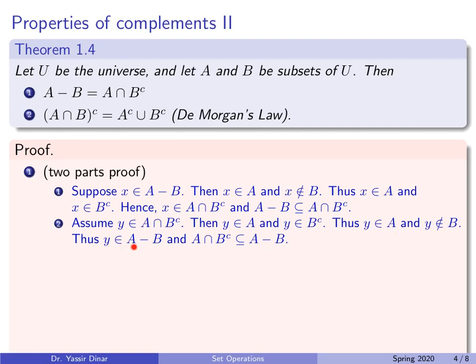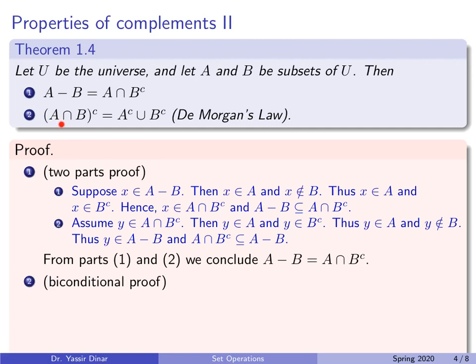So Y belongs to A difference B. And thus we take an element in A intersection B complement and we find that this element is in A difference B. That means A intersection B complement is a subset of A difference B. Now the two parts here, 1 and 2, imply that A difference B is equal to A intersection B complement.